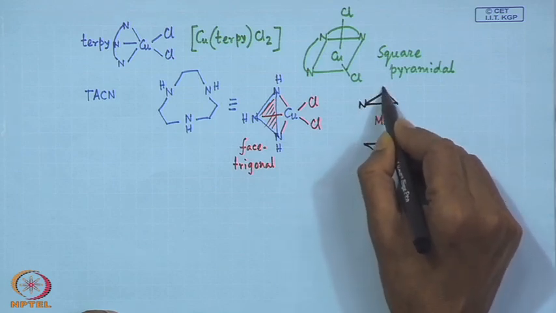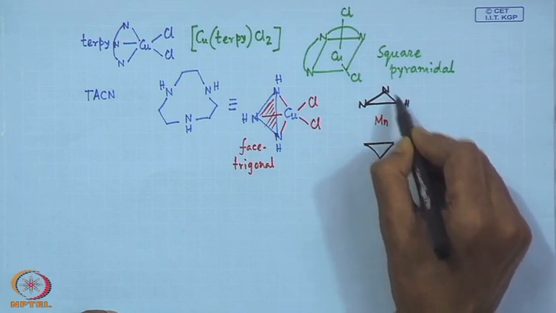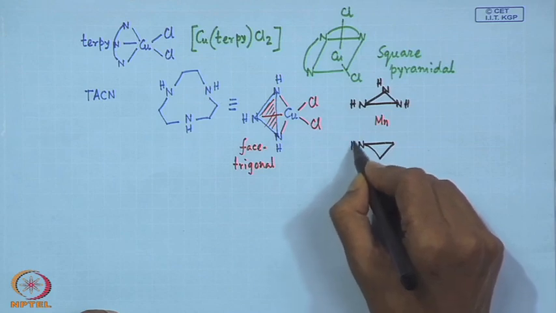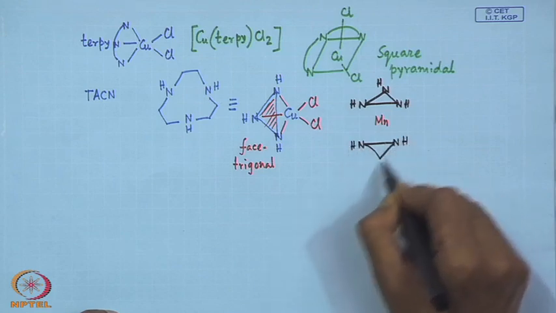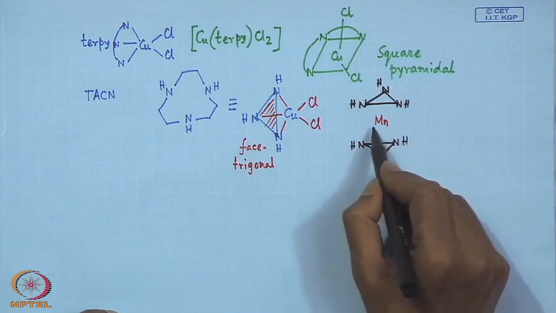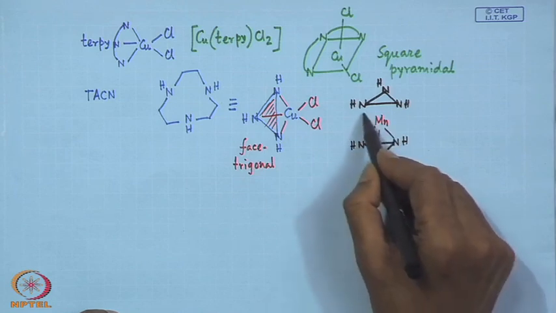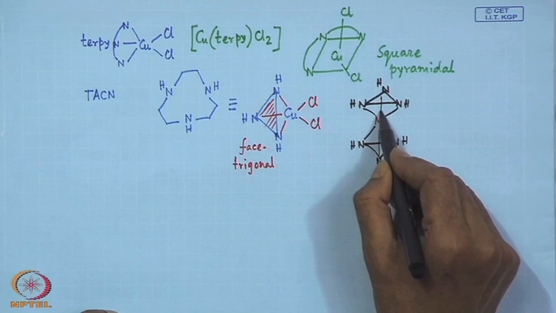So, these are all the nitrogens NH, NH, NH, NH, NH, and NH. So, these are forming 6 such bonds.